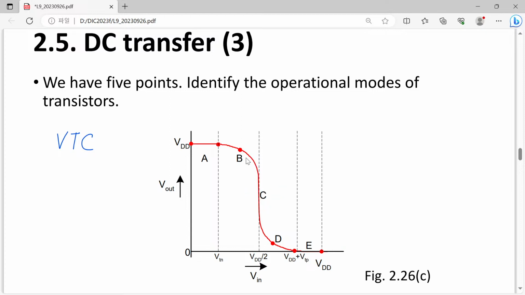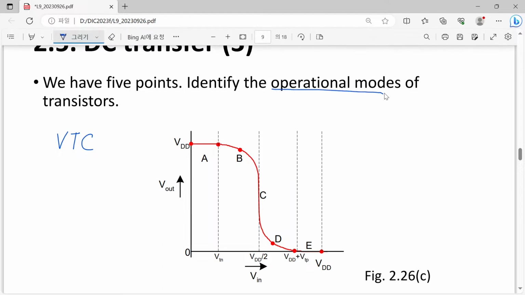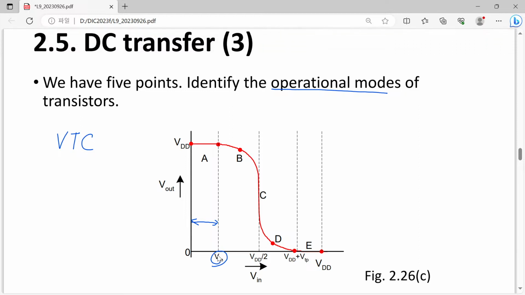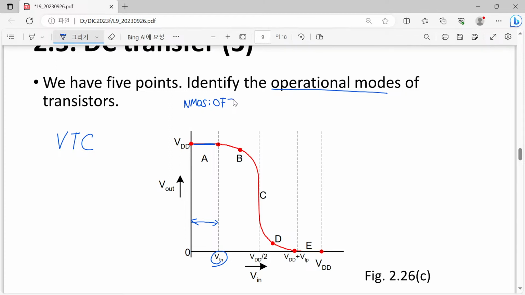Then please identify the operational modes of these transistors. Here we have a voltage even lower than the NMOS threshold voltage. Then what will happen? Now NMOS is completely turned off and only the PMOSFET is turned on. So here we have the case where the NMOSFET is off and our PMOSFET is of course on.